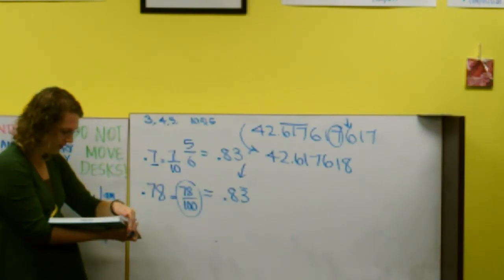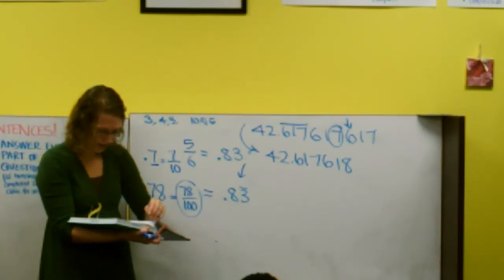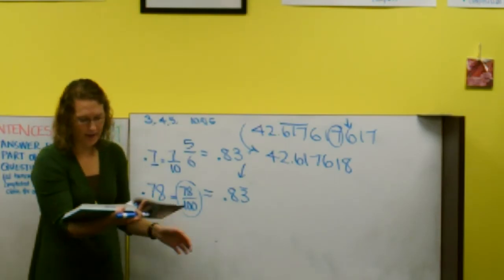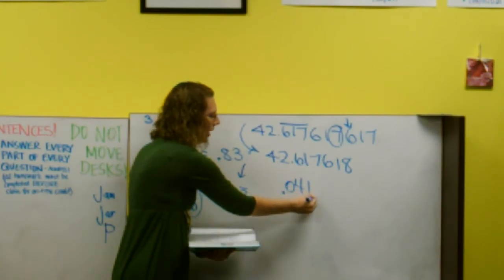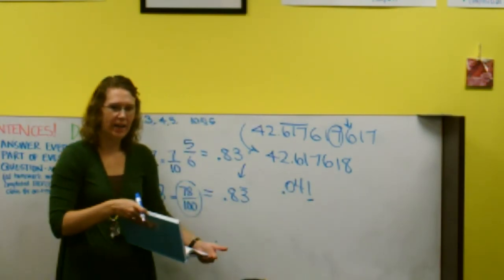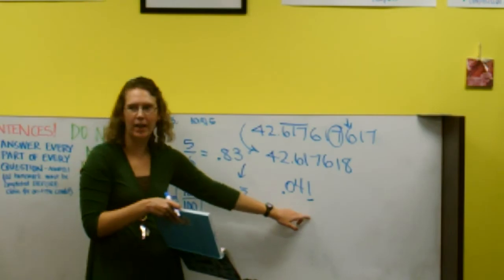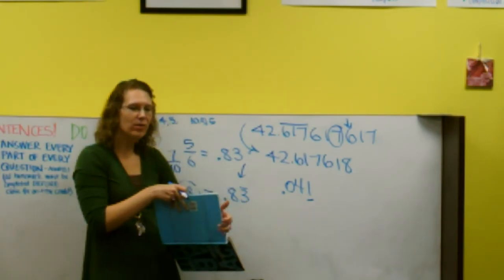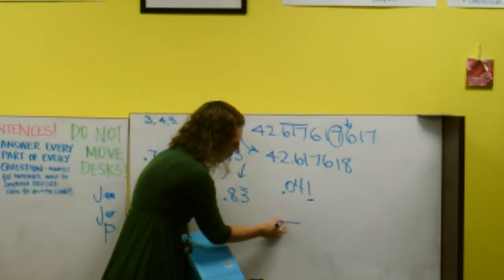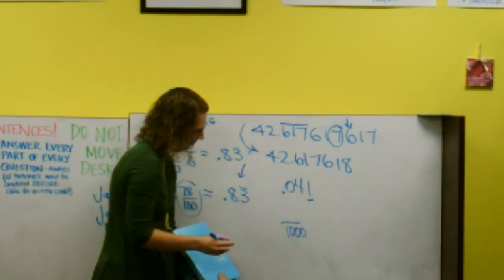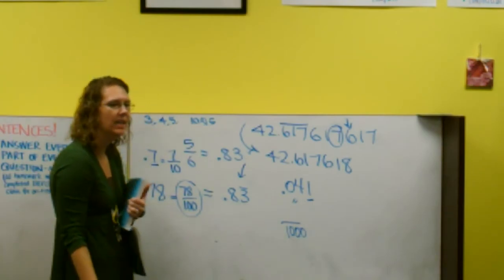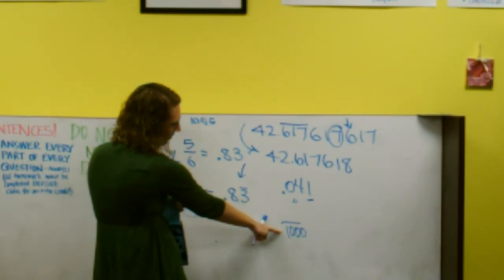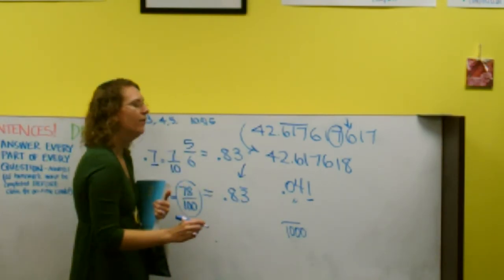Okay, so we've got that first example, 0.041 as a fraction. What spot is that 1 in? The thousandths. So what am I going to put over 1,000? 41.